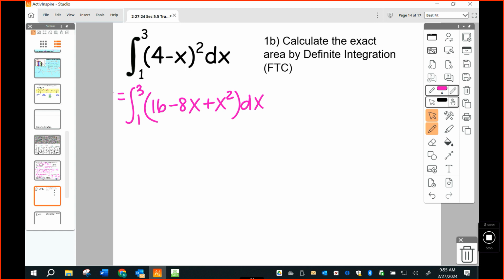Okay, go ahead and find the antiderivative of that, please. Everyone, in your notes, find the antiderivative of each of those terms. You can use the reverse power rule. Some of you need to sit up a little bit more, help yourself stay awake. Okay, what is the antiderivative?